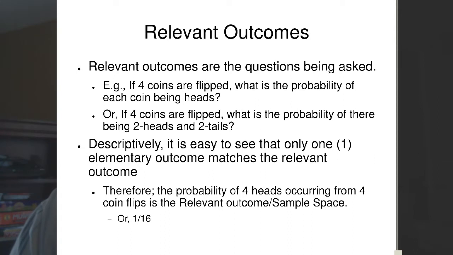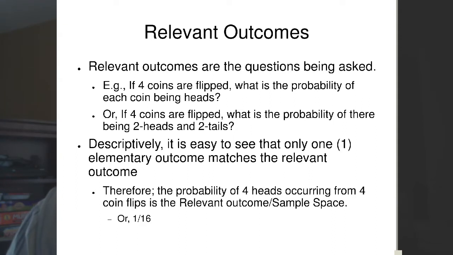And if we've got the probability of heads and heads and heads and heads, 4. Okay, the probability of 4 heads is half times a half times a half times a half, or 1/16. So that part is pretty easy to do.